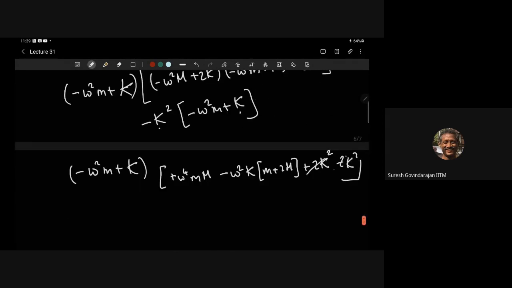So now we see that these two terms cancel, which is very nice. So now we get something very pretty. This should be 0 equal to this. So it is minus omega square m plus k into, now we can pull out one more factor of omega square.